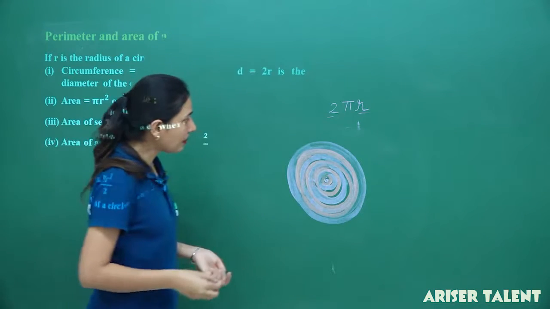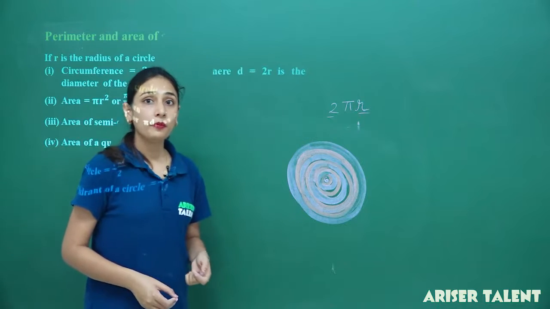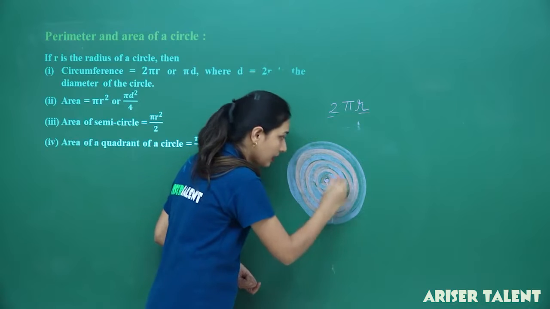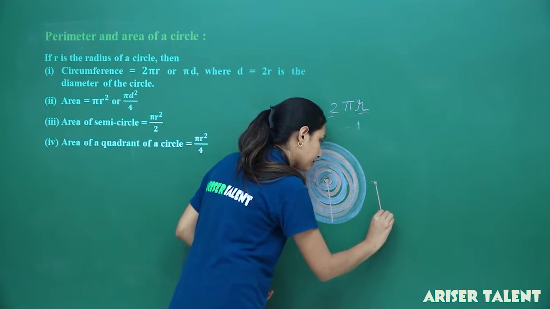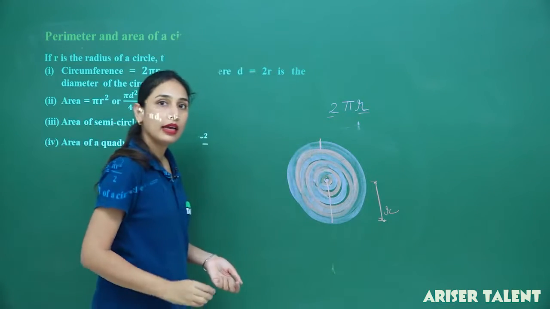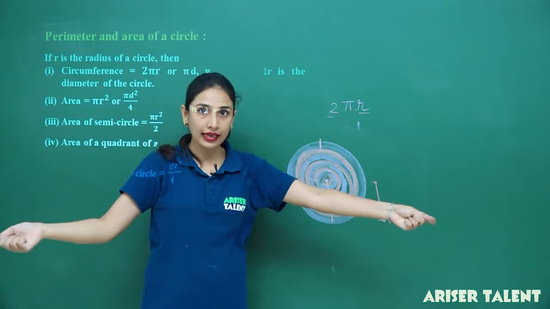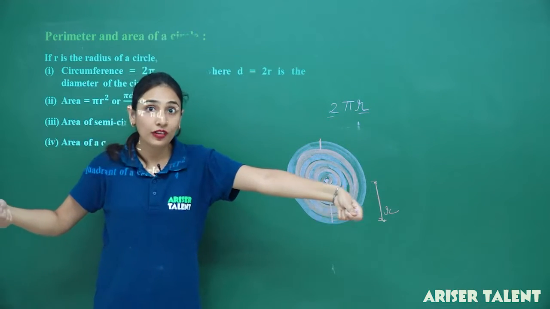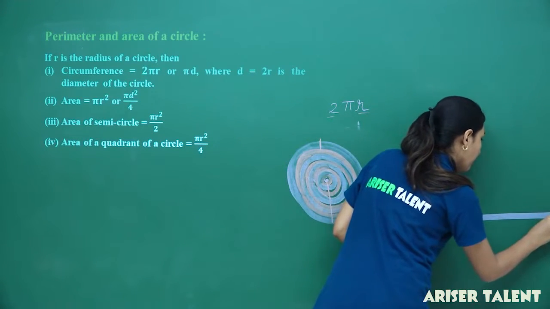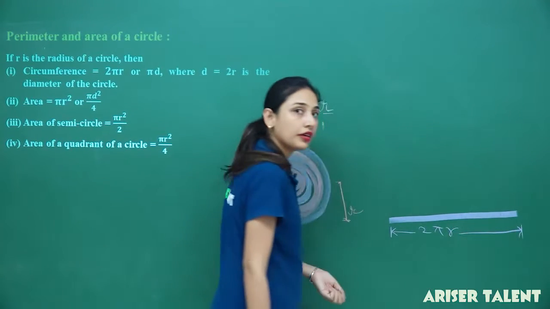Now what happens, students, if I am going to calculate the area, it will be the sum of all these what? Circumference. Now, if this is the radius r, this is the radius what? R. If now I break this circle from here and convert it into a wire, what will be the perimeter here? 2 pi r, right students?